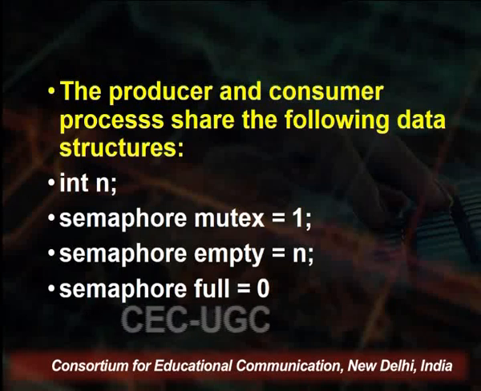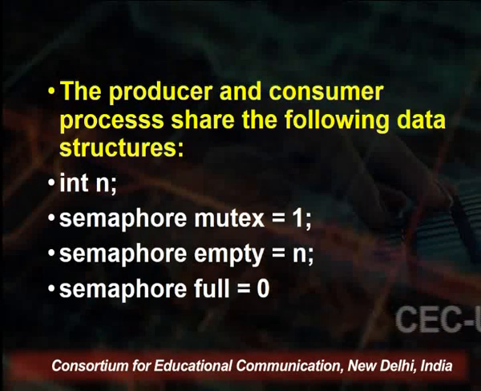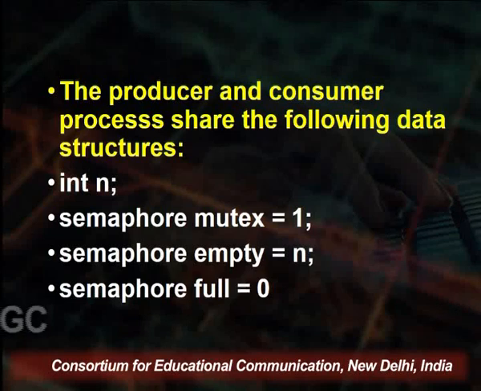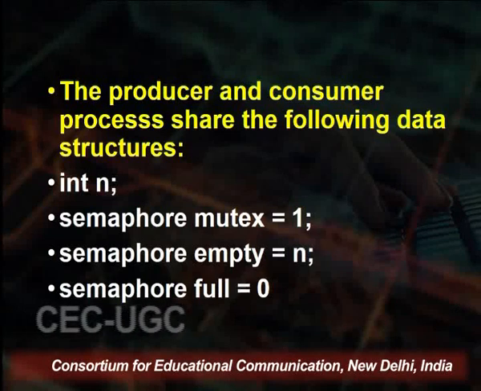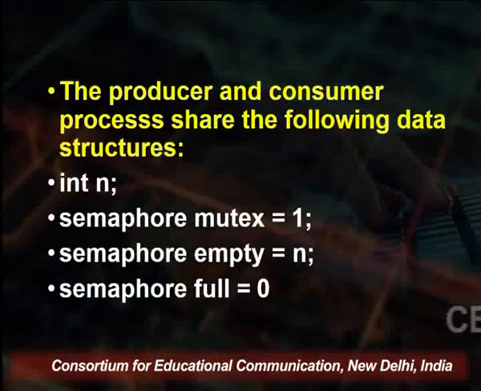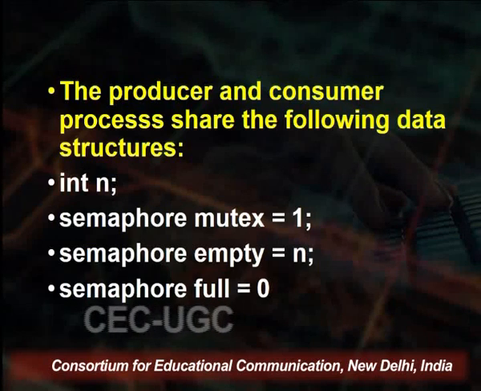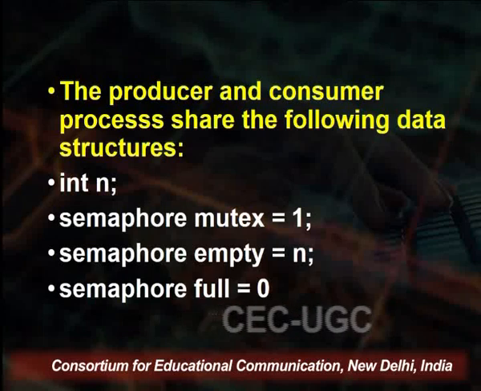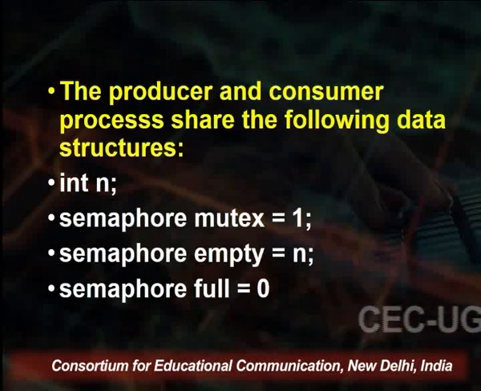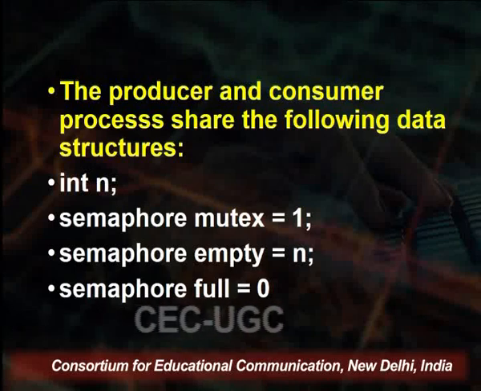So, what will be the structure of the producer consumer process, or what data variables will these processes have? One is the integer n, which is the number of elements in the buffer array. Then we have one semaphore which is mutex, and the value is 1.